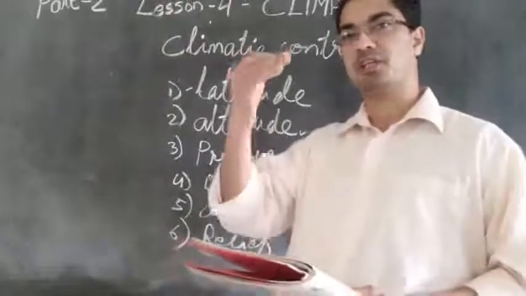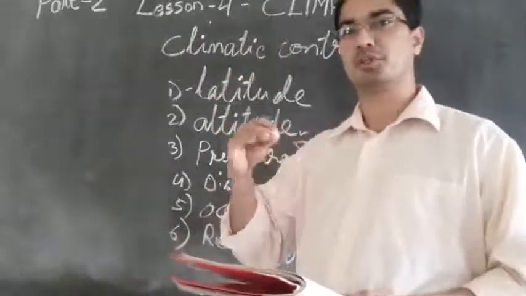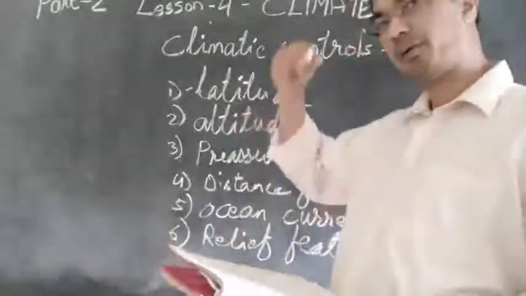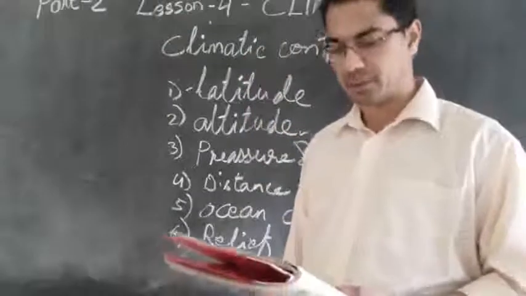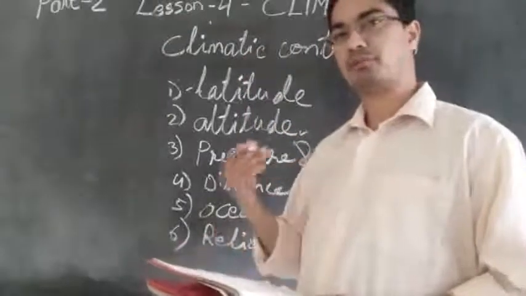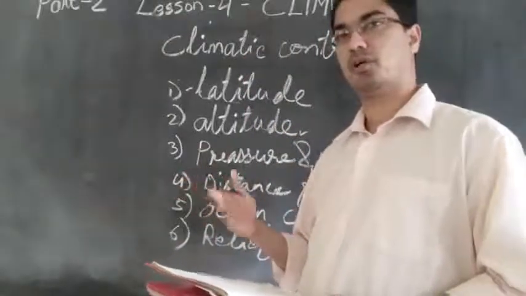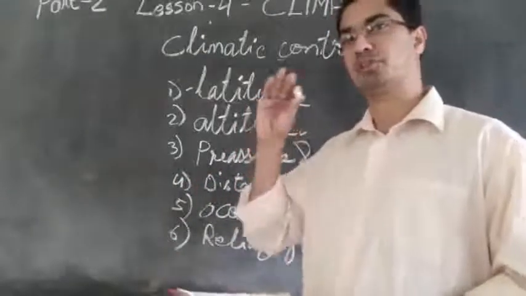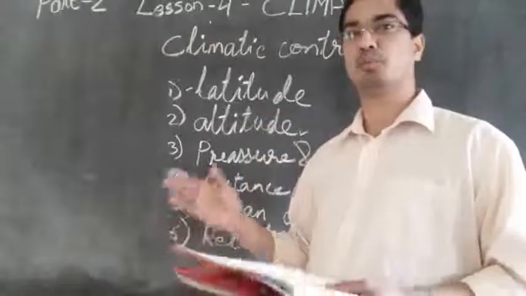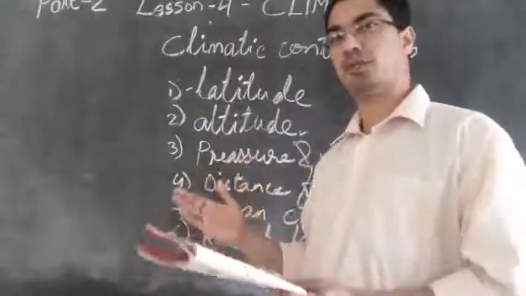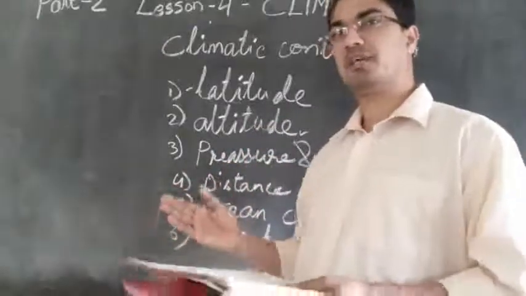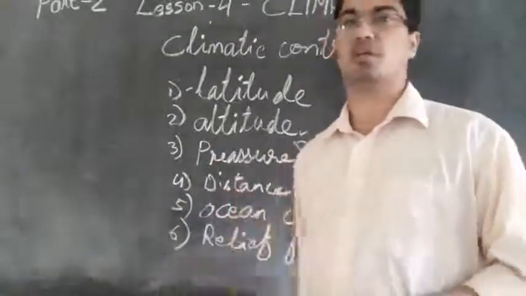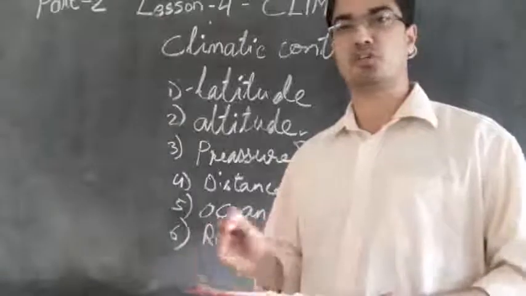If you stay on the hilltop, the temperature is less. That's why most of the picnic spots or tourist centers are on hilltops. More people like to enjoy them, especially people living in the hot regions, who like to come to the hills and spend a few days to refresh themselves and enjoy the cool weather.